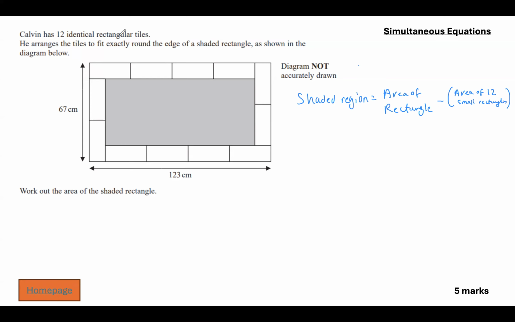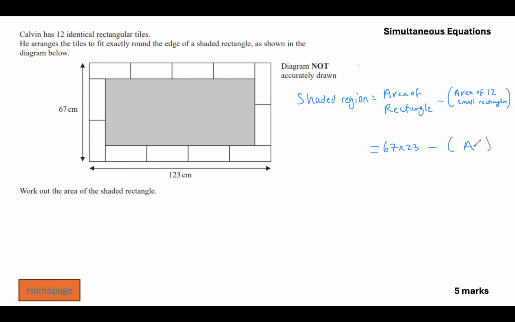So we want the area of the whole thing minus the area of the little identical rectangles around the whole rectangle. So we can work out the area of the whole rectangle. We could do 67 times 23. So 67 times 23 minus whatever that is. So for now, we'll just call it A.